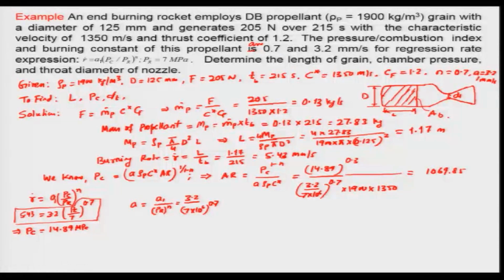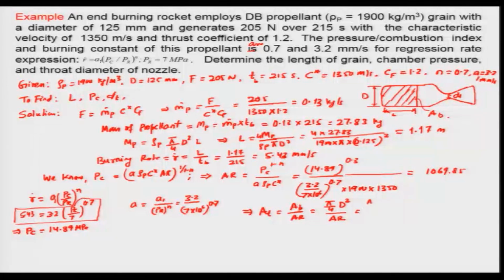And then from this I can get At, this is Ab by AR, and Ab I know is pi by 4 d square divided by AR.